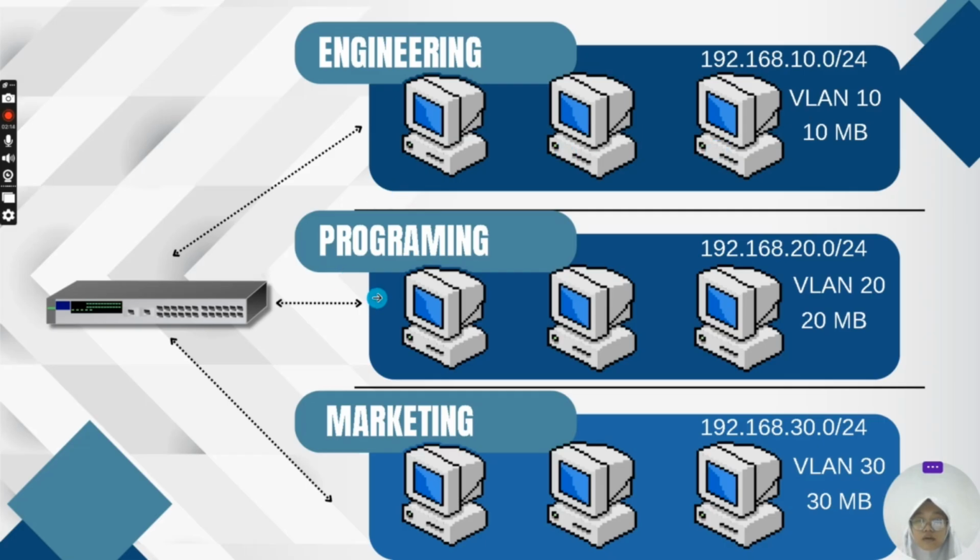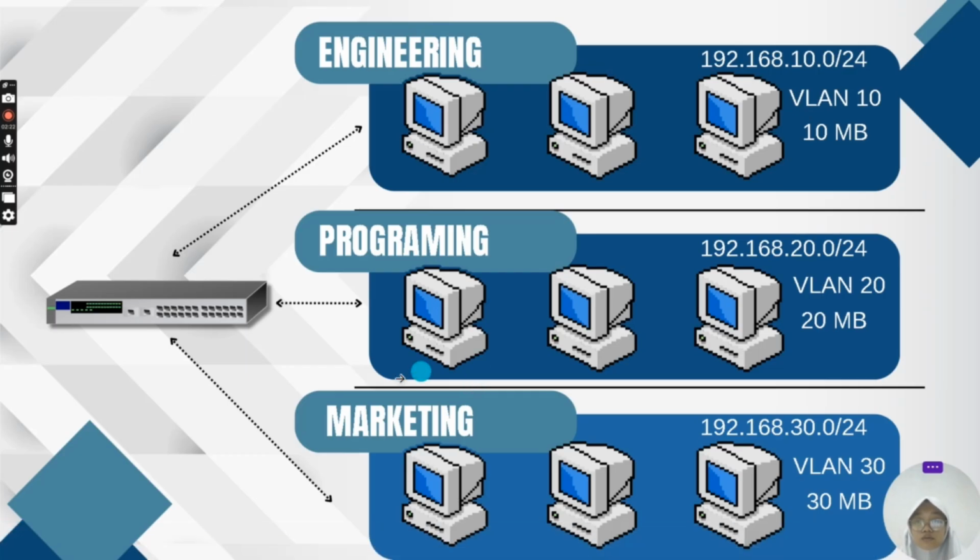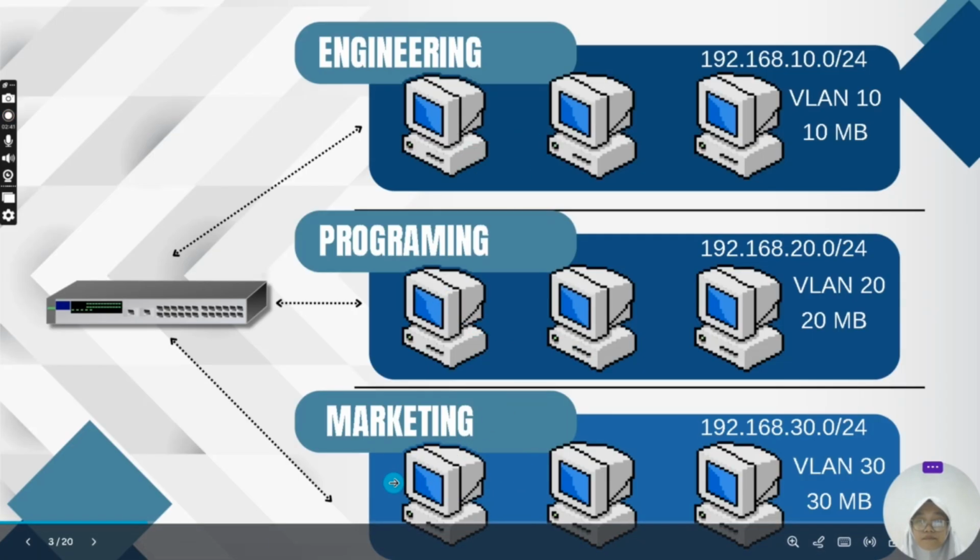However, the data will not be sent to programming or marketing because they are in different domains and networks. They cannot communicate with each other. Physically, it looks like there is only one switch, but logically there are three: one logical switch for engineering, one for programming, and one for marketing.